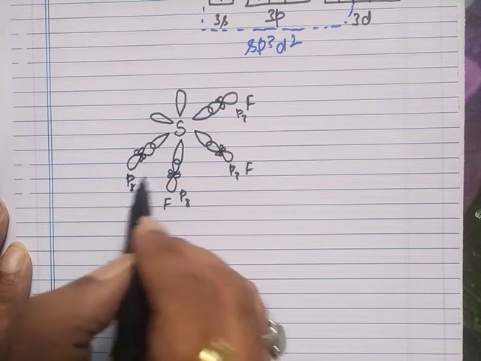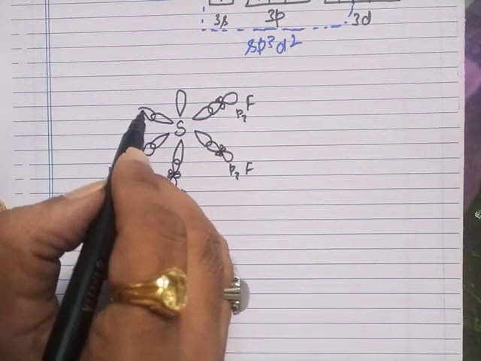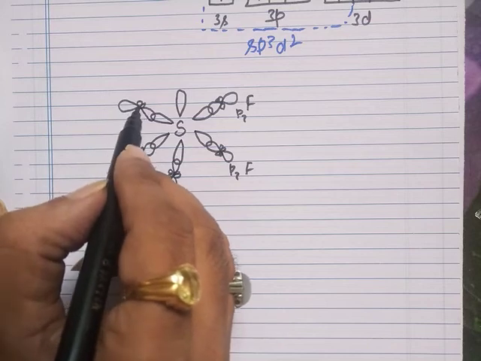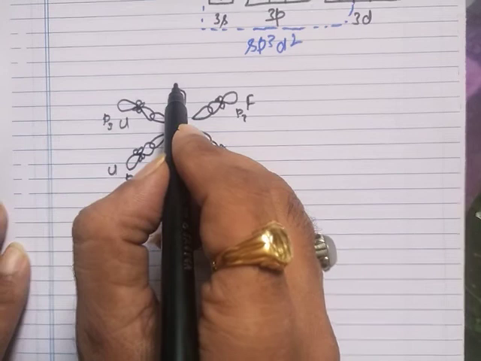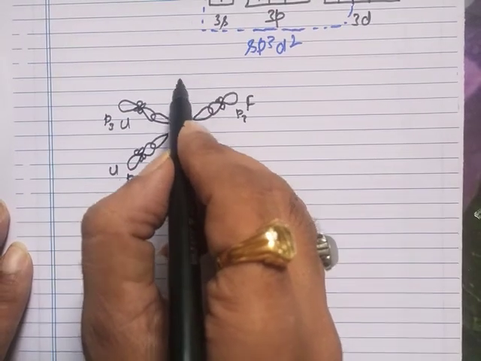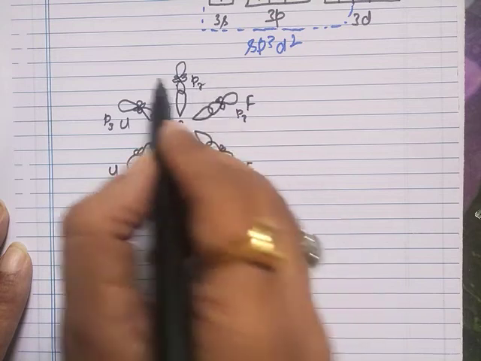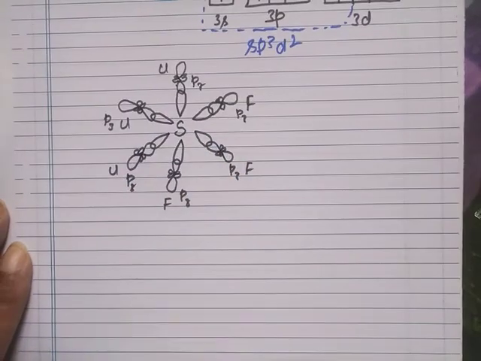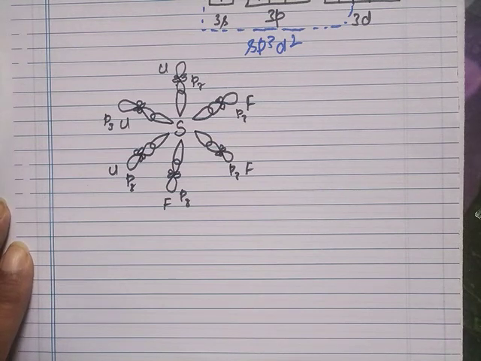This is another fluorine atom. So this is how the SF6 sulfur hexafluoride molecule is formed.